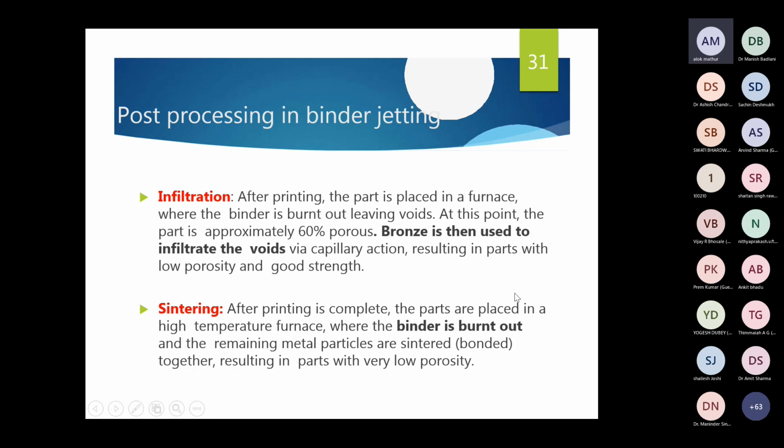At this point, the part is approximately 60% porous because the binder has melted and left the job. Bronze is then used to infiltrate the voids, supplied via capillary action, resulting in parts with low porosity and good strength. So bronze is inserted to infiltrate the voids which are created due to the binder leaving.